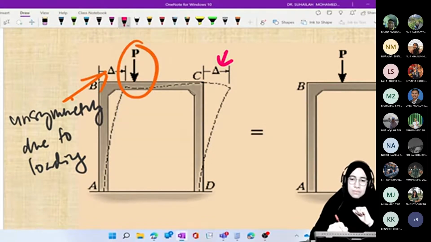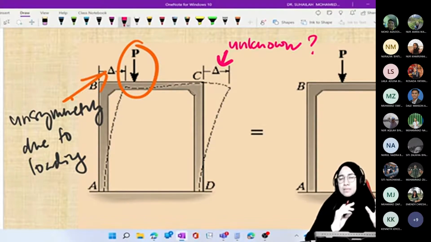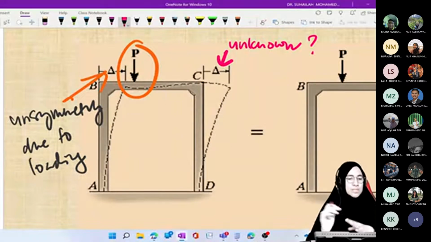The delta is unknown. That's the big difference between a beam with support settlement and a frame with sidesway.